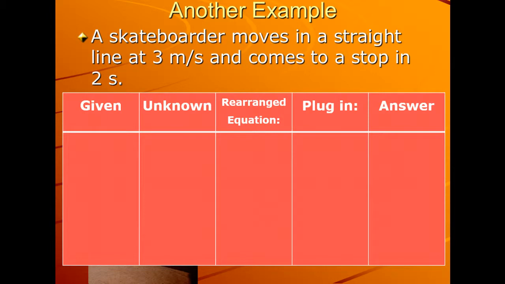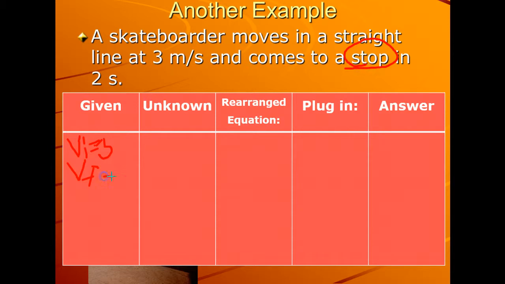It says a skateboarder moves in a straight line at 3 meters per second and comes to a stop. Okay, so let's find our acceleration. So for our initial velocity, this time is 3 meters per second, and our final velocity is stopped, right?